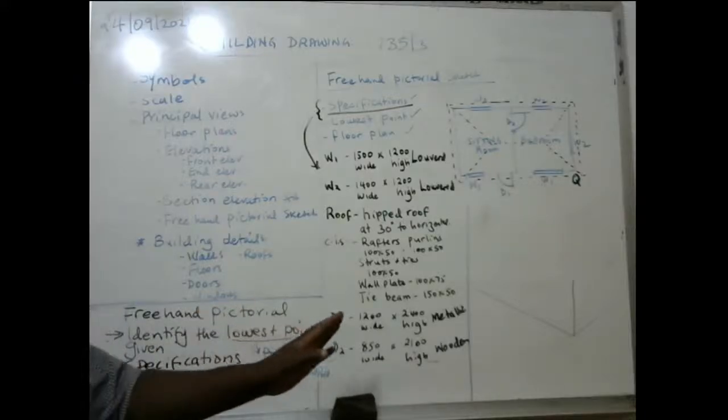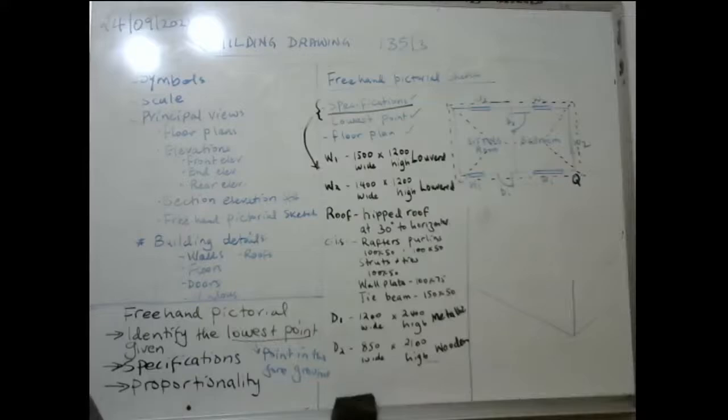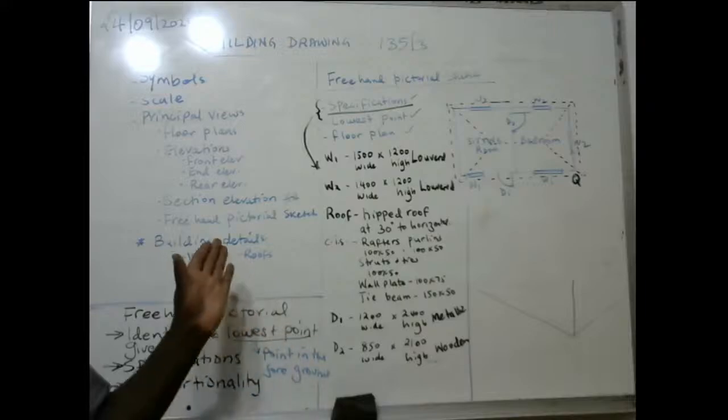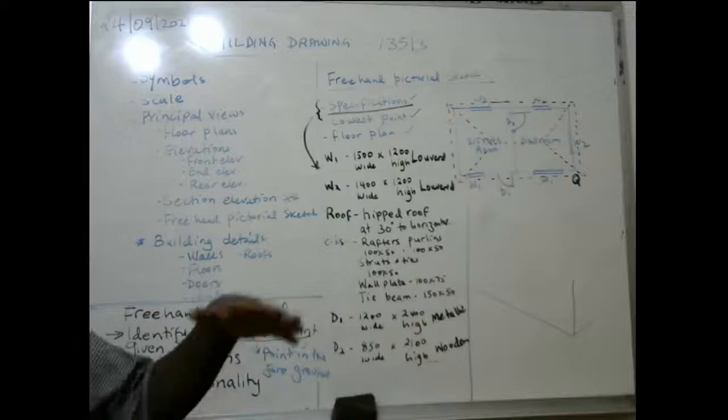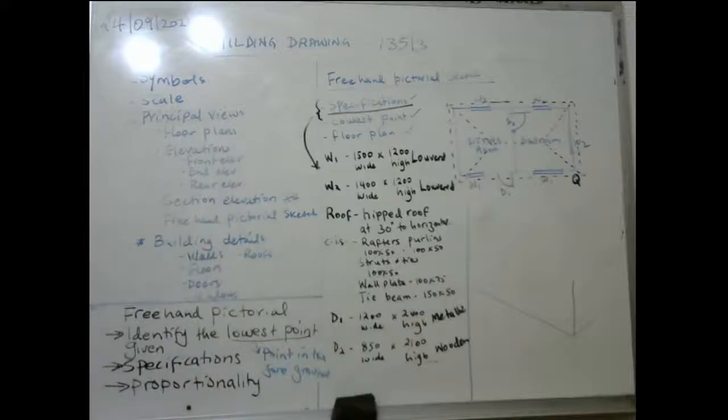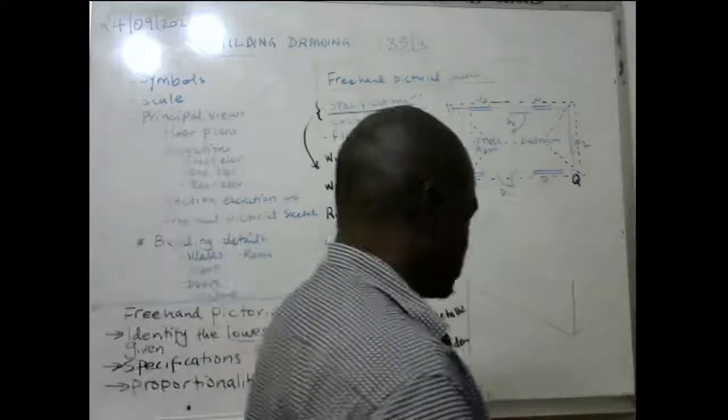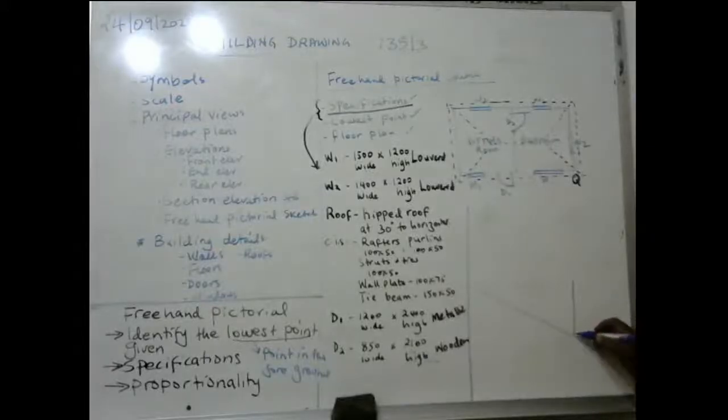you remember that when we are making isometric, then we begin with those 3 lines. We begin with the 3 lines of an isometric drawing. The one that shows the length, another one that shows the width, another one that is defining the height. So you begin with these 3 lines. This one is for the width, this one is for the length, and that one is for the height.